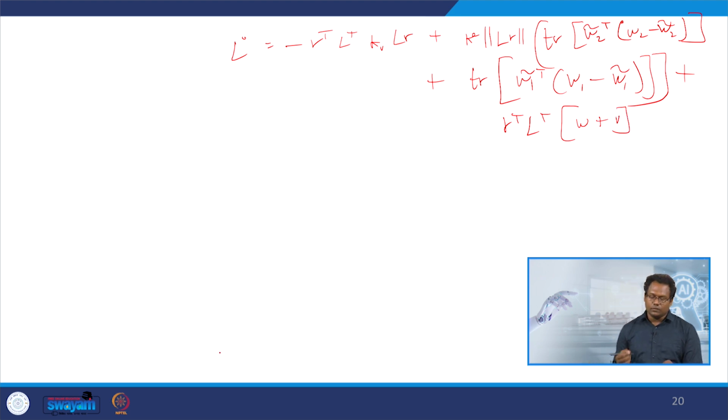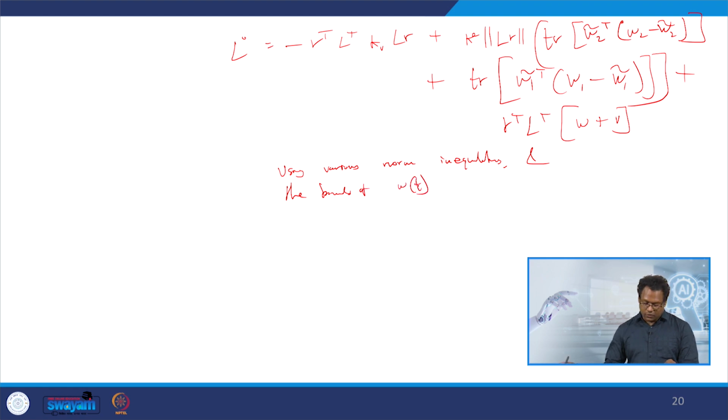So, now using various norm inequalities and the bounds of the disturbance term W of t, we get the boundedness of position error as LR bounded.